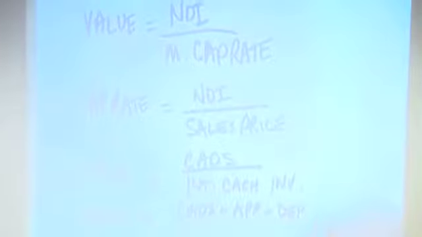Cash return on investment is going to equal CADS, which is cash after debt service, or cash flow, same thing, divided by initial cash investment. Total return on investment equals possibly your CADS plus all the other returns that we talked about, divided by your initial cash investment.